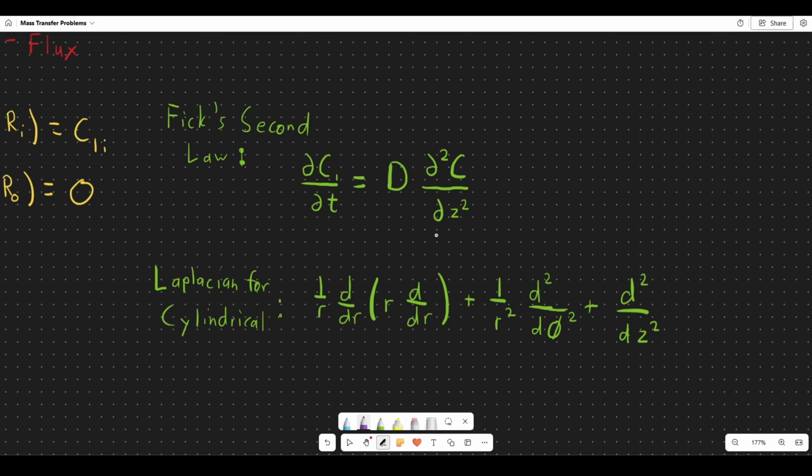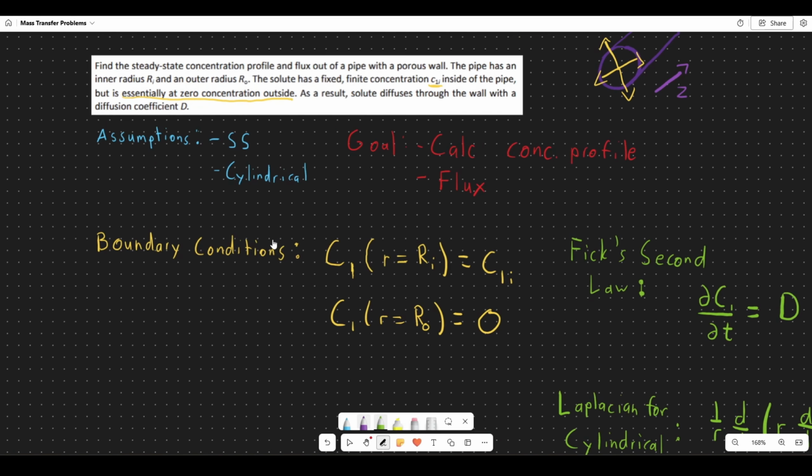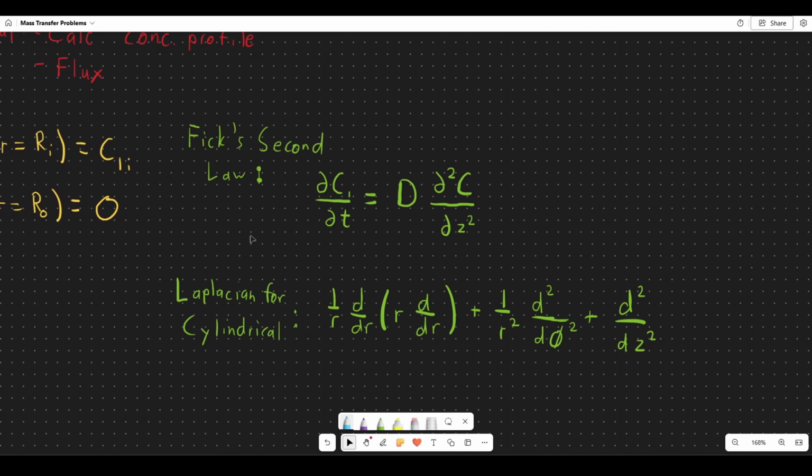Perfect. So our next step is now, this looks really complicated, right? Well, as I said before, there are some assumptions we can make as we go back to our assumptions. When I said that it was cylindrical, it's also important to note it's only in the radial direction that we're having transport, right? So what does that mean for our Laplacian? That means that we can basically cancel out all the terms that show movement in the phi direction or the z direction.